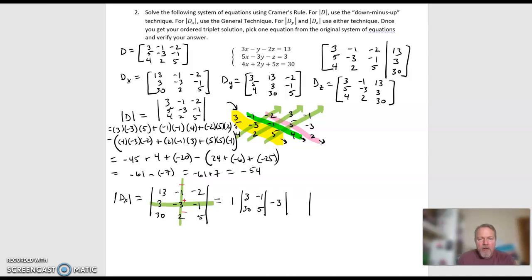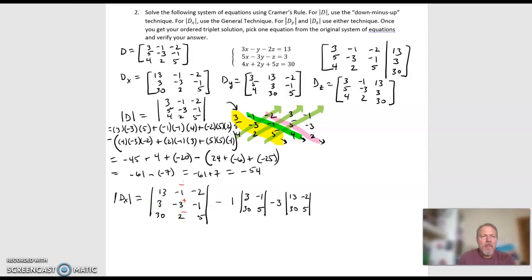And the numbers that are uncovered are 13, negative 2, 32, and 5. Let me erase that cover up as well.